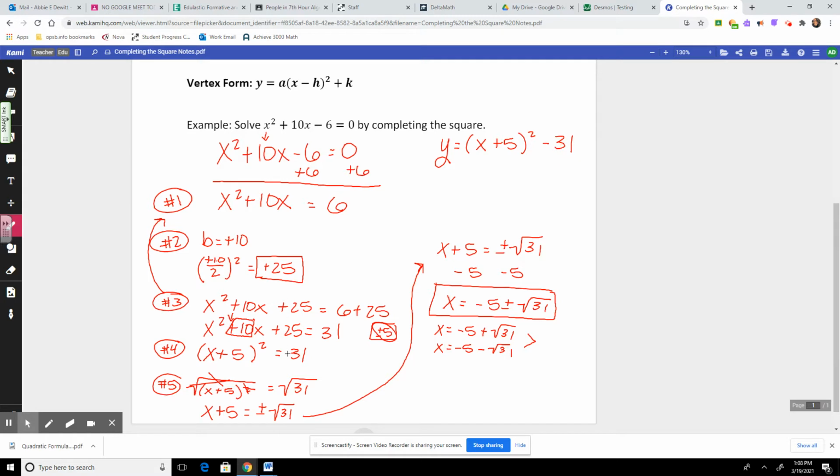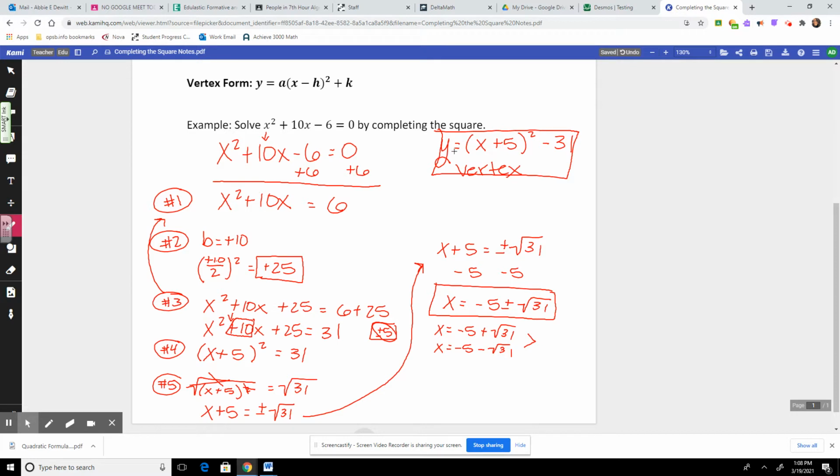You would subtract 31 from both sides. This is the vertex form of this quadratic. You subtract 31 from both sides to get the perfect square binomial minus your k, or plus your k. In this case, k is negative 31.